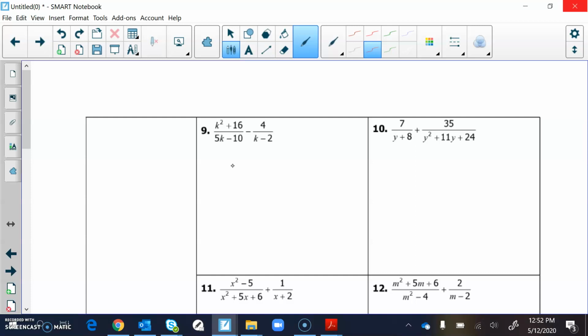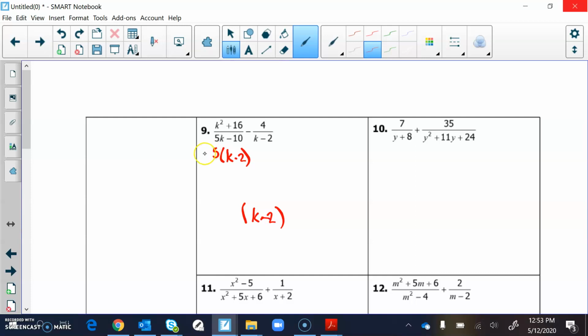Okay, so common denominators. We look at number 9, and that 5k minus 10 looks like it can be factored like so. And what I want to do is look at my two denominators. One of them's k minus 2. Well, this one has a k minus 2. So k minus 2 just once should be part of my denominator.